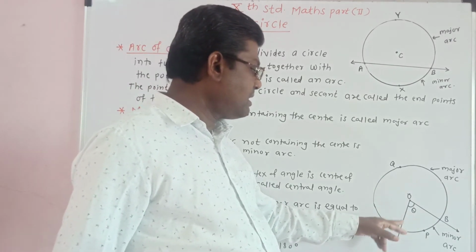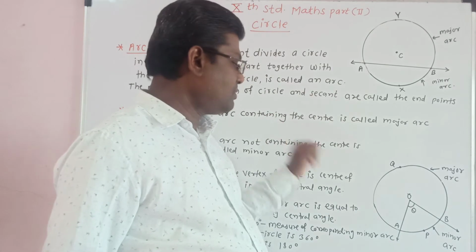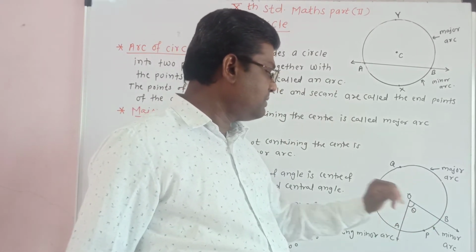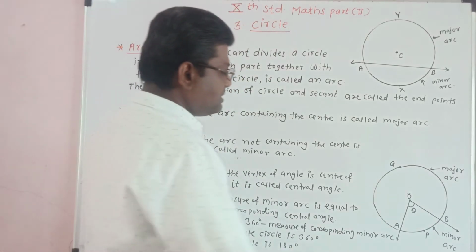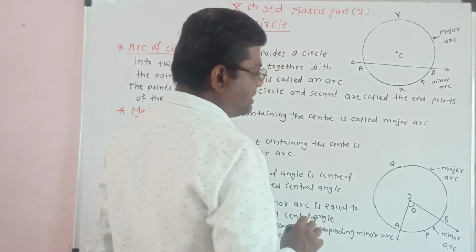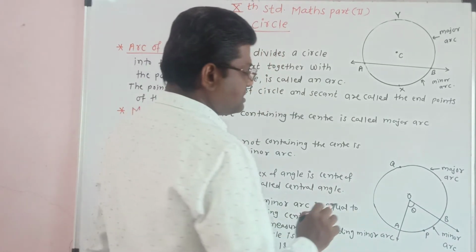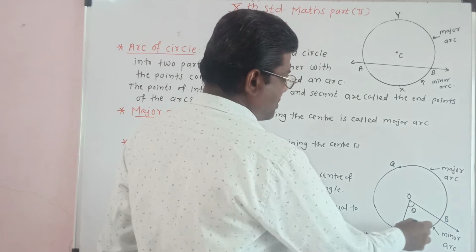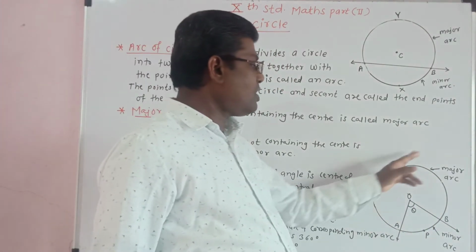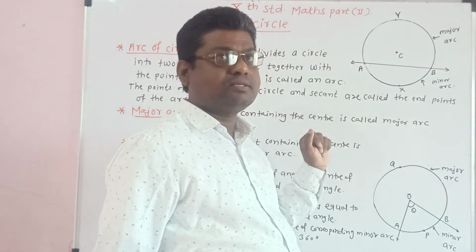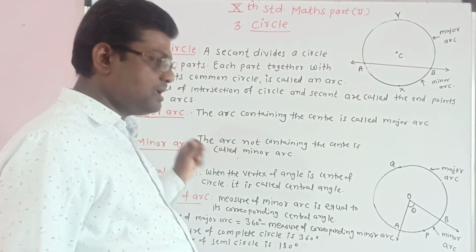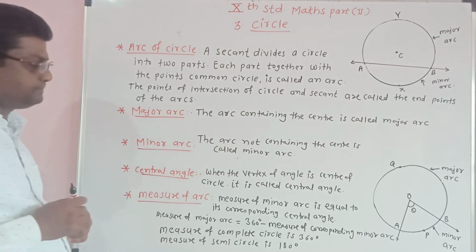So the measure of angle AOB is equal to the measure of minor arc APB, and the measure of major arc AQB is equal to 360 degrees minus the measure of the minor arc. The measure of the whole circle is 360 degrees and the measure of a semicircle is 180 degrees.